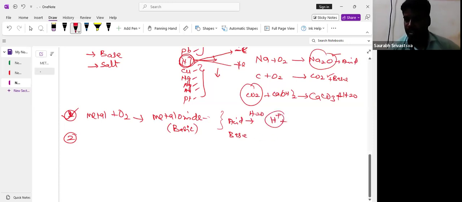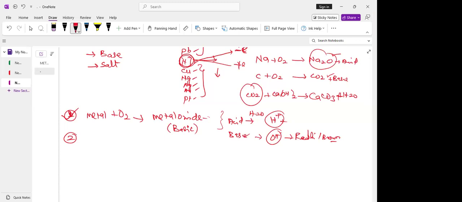If it releases OH minus ion, then it is base. Or otherwise, if you take the turmeric powder and mix it with base, then it will become reddish, a reddish brown color. If it happens like this, then we can assume this is a basic nature. So that is how to identify the substance.